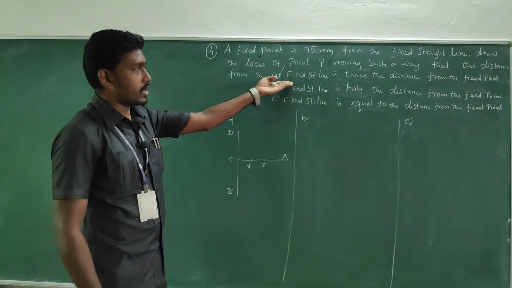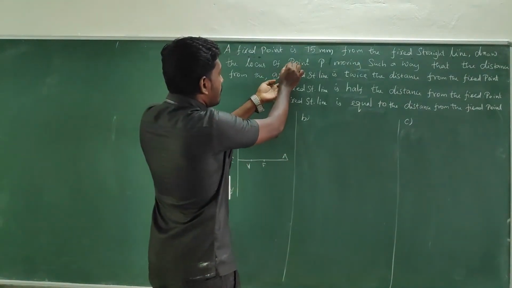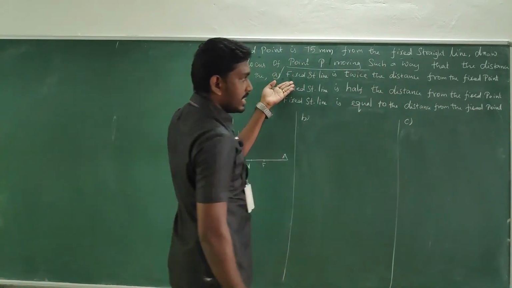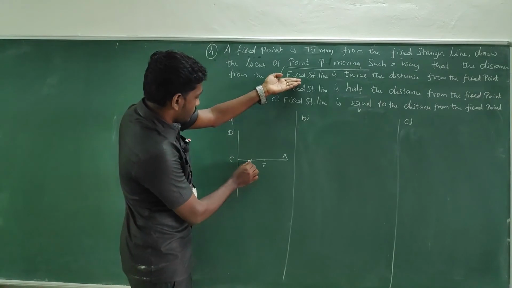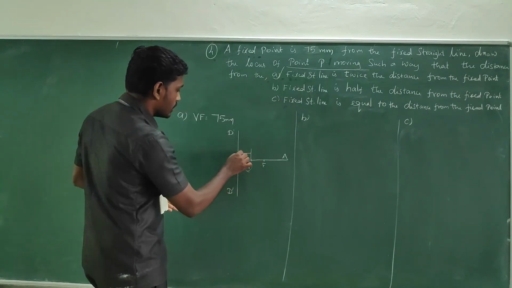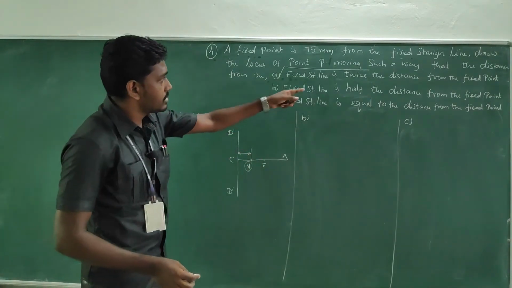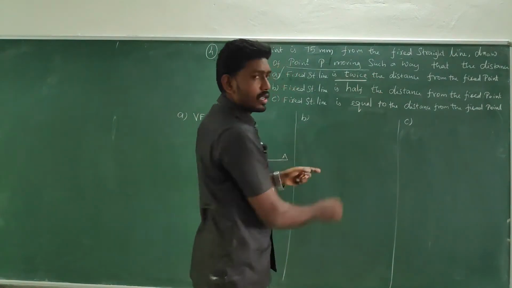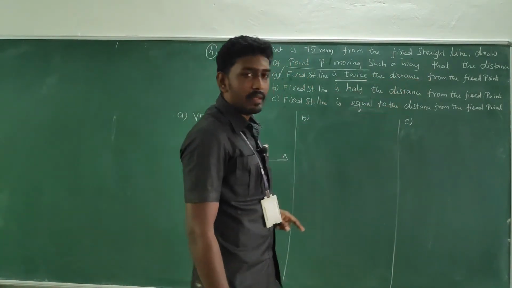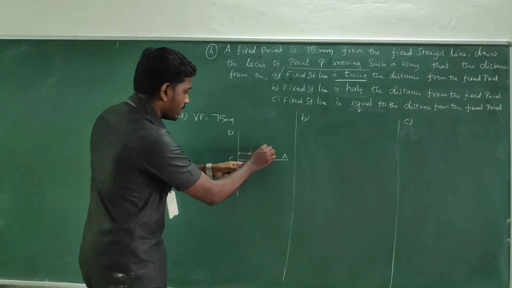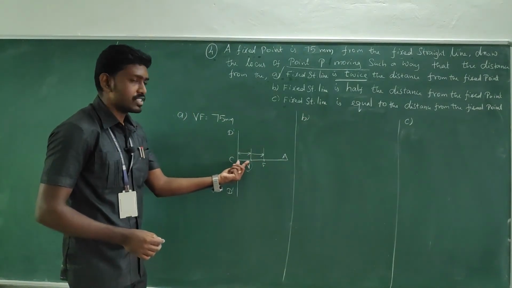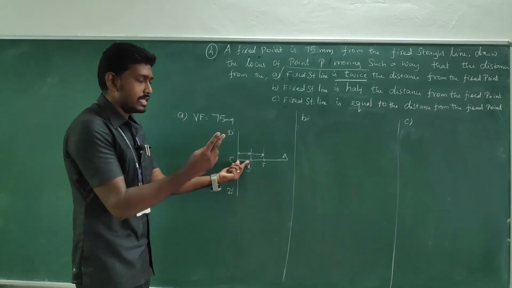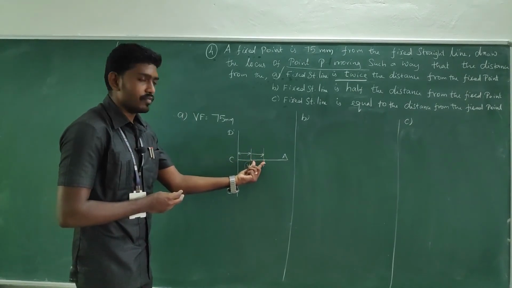Read out the first condition. A point P moving in such a way that the distance from the fixed straight line, that means this moving point, this distance, is twice the distance from the fixed point. That means, when comparing, the distance from the fixed straight line is twice this Vf.